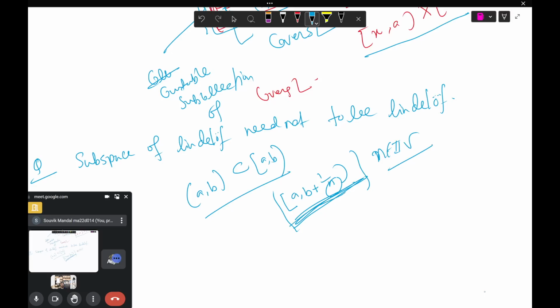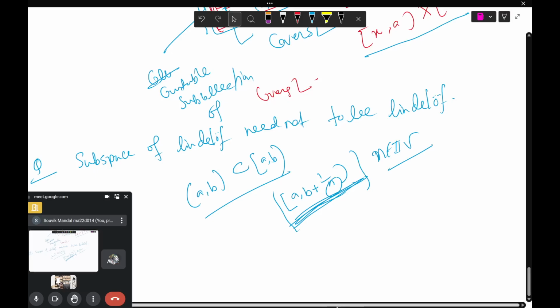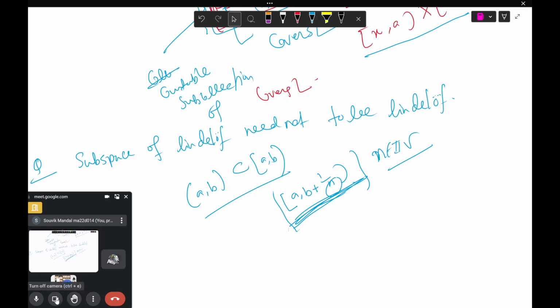So this cover is already a countable cover. So this example will not work this time. Yes, sir. Try to make some different examples. I shall get back in two minutes.